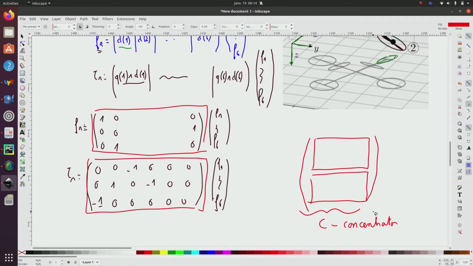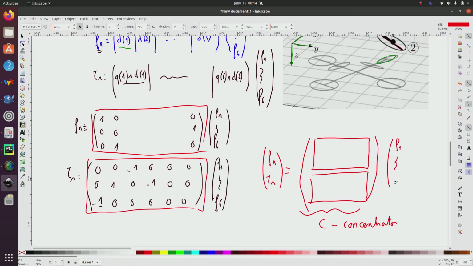The concentrator allows me, from forces, here I have 6 forces but I can have more than 6 forces, to compute Fr and tau r, the resultant and the torque in the body frame.